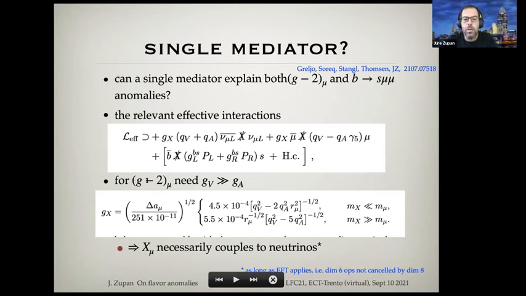Now, if you look at G minus 2, it doesn't matter whether this X gauge boson is very light, less than the muon mass, or much heavier than the muon mass. In both cases, the contribution to G minus 2 will be positive only when the vector coupling is bigger than the axial coupling.